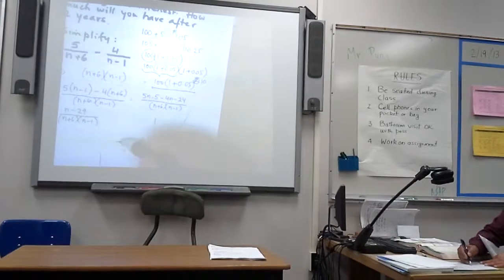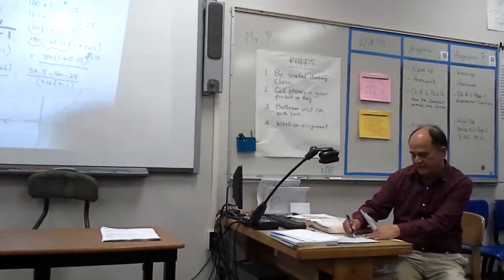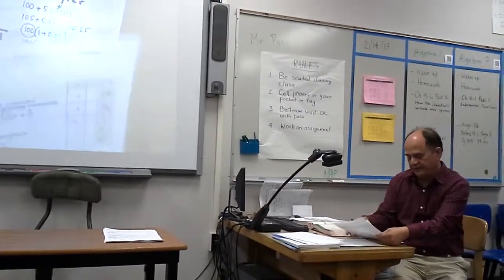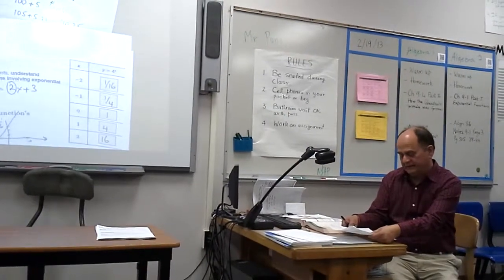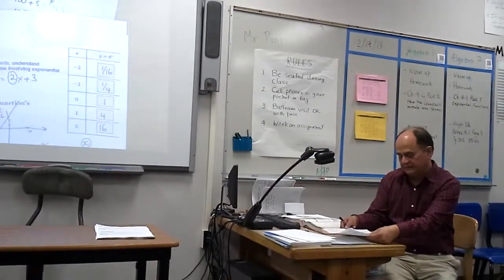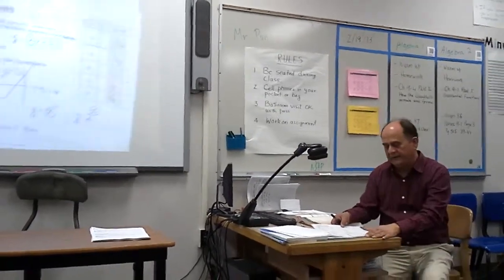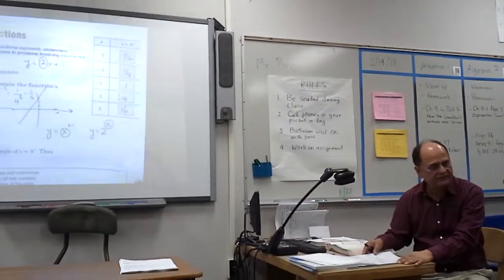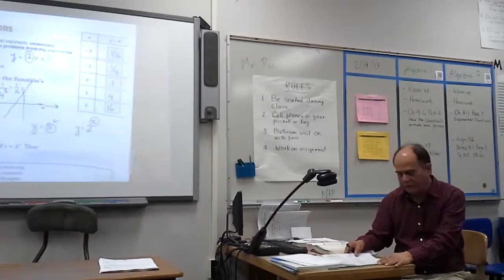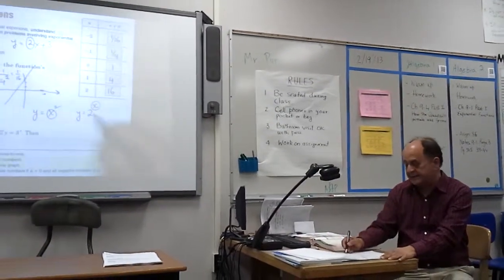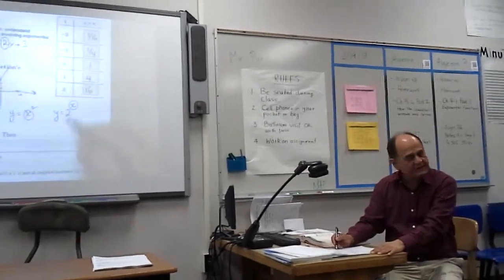It's always close to it, but never reaches it. So this is an asymptote. Okay, so that's one example that I mentioned about an exponential function where the value of the base, in this case 2, is a number greater than 1.